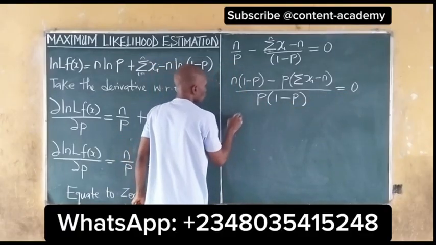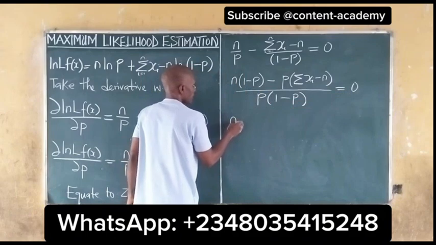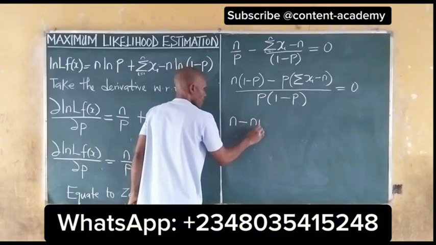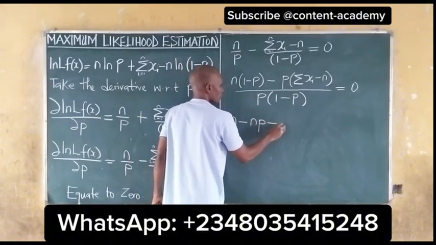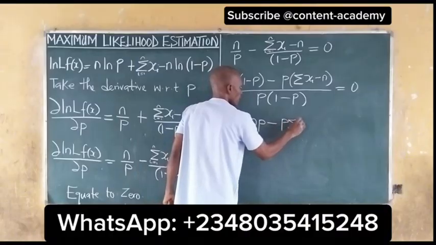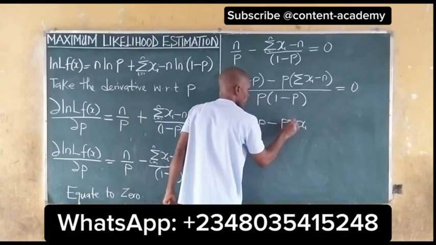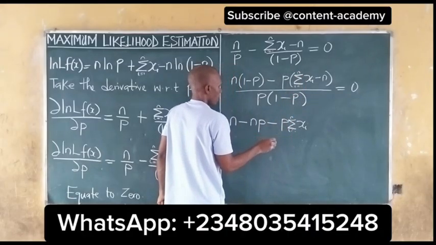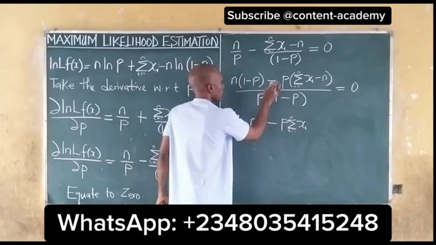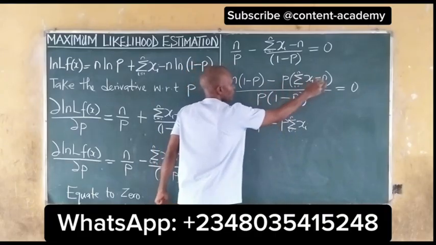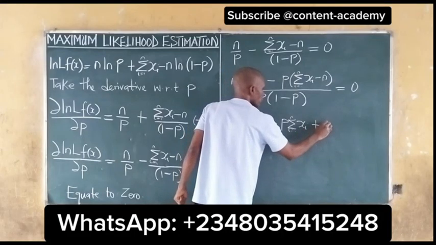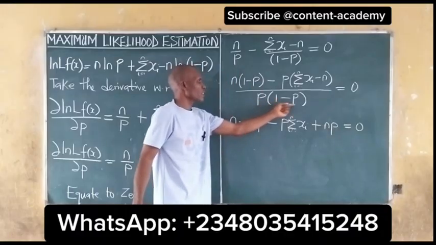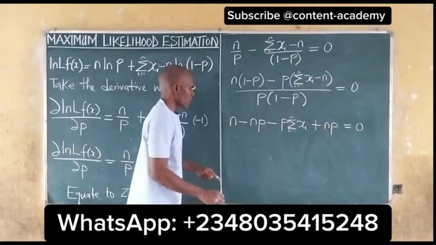We open this bracket, this will give us n minus np minus p summation xi, as i running from 1 to n, and this multiplied by this, negative multiplied by negative n, we get plus np to be equal to 0. Of course, this has already multiplied 0.